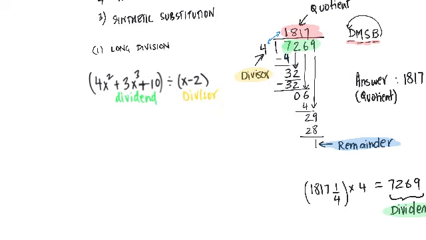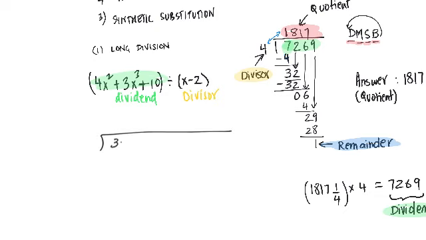So we make our box and we put the dividend inside. Oh, before I do that, I want to do something to the dividend. The dividend right now is not in standard form, and I need to make it into standard form when I put it into the box.